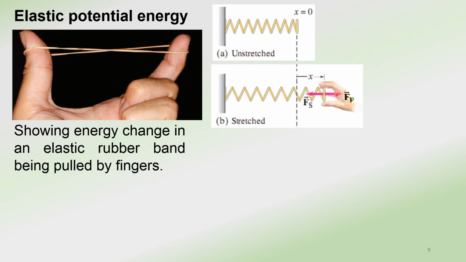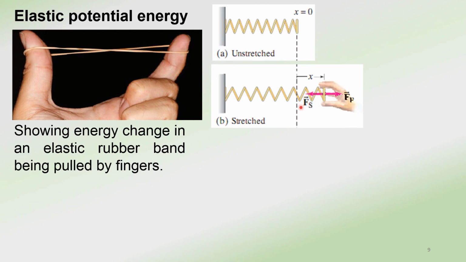And here the person who is stretching the spring is applying a force called FP, meaning the force of the person. Once the spring reaches the maximum stretch, it tends to retain its original size by applying a force Fs.